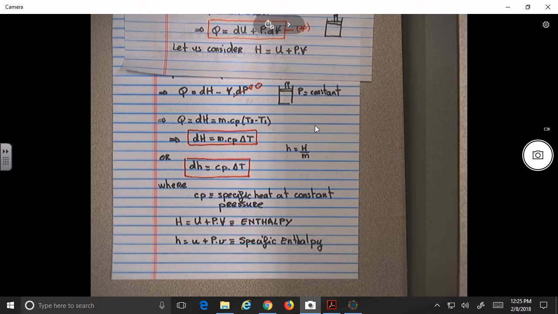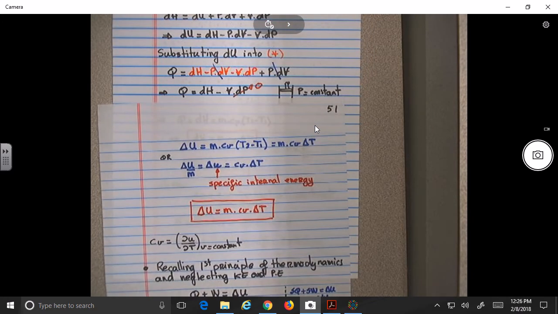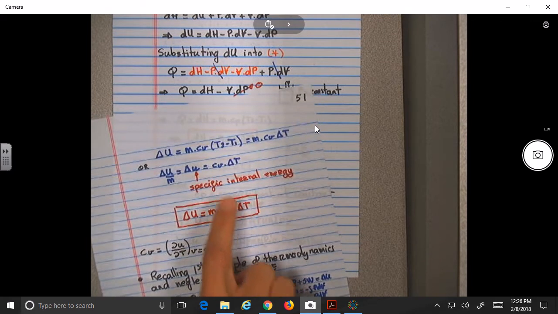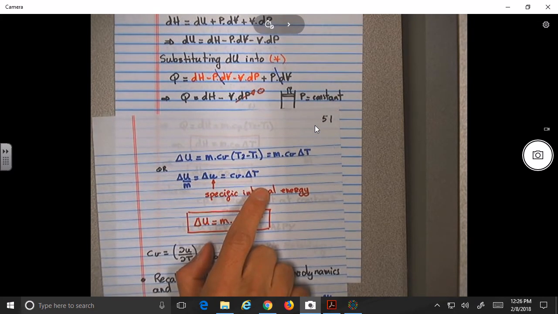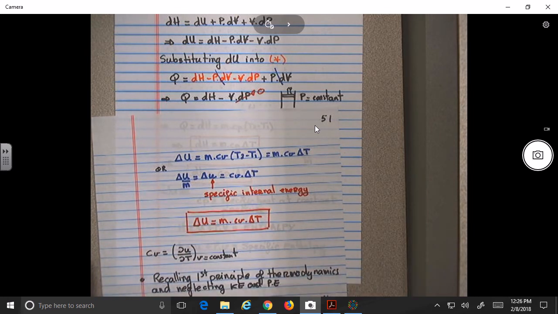Okay, so over here what I want you to remember is that the enthalpy change dH will be equal to Cp delta T. Okay? Internal energy delta U will be equal to what? Cv delta T. Okay? So all this is correct.